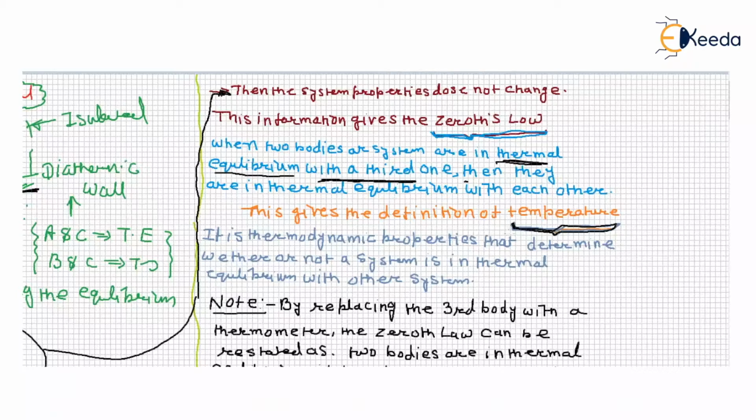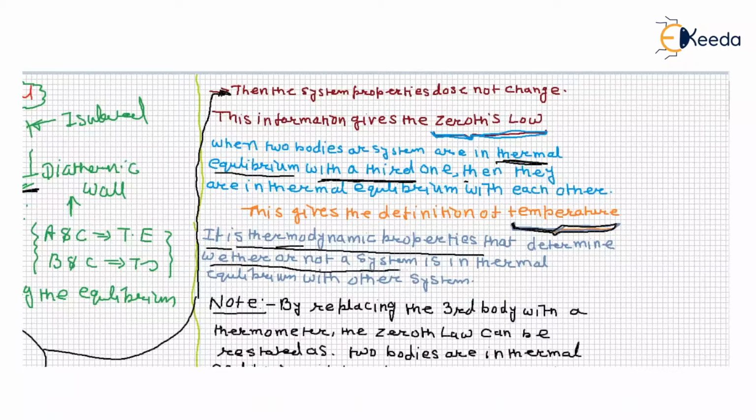And what is temperature? It is a thermodynamic property. See, this is the property that determines whether or not systems are in thermal equilibrium with each other.